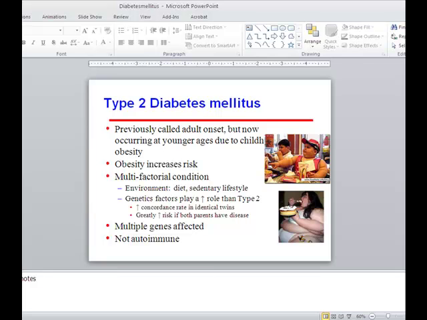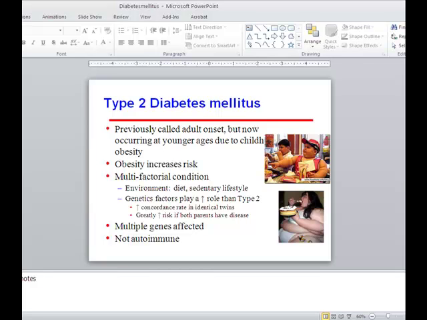So we've known for a long time that there was some link between type 2 diabetes and obesity, but just over the last decade or so, we are starting to understand how exactly obesity is related to type 2 diabetes. And with type 2 diabetes, there are multiple factors that contribute to it: environment, diet, sedentary lifestyles, and genetic factors could play some role in some individuals.